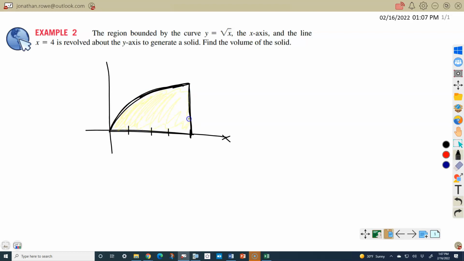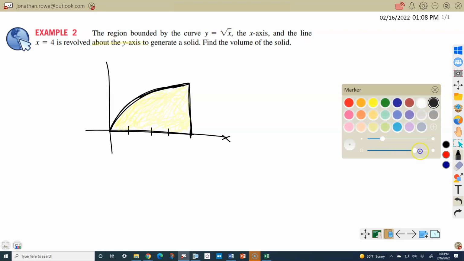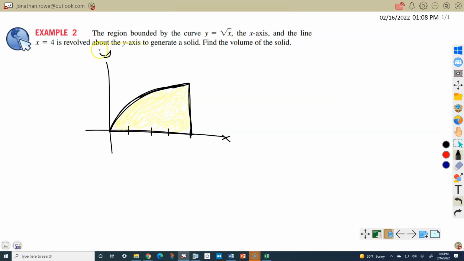So it is this region here, trying to make a pretty decent drawing here. And we're revolving it around the y-axis. This is the y-axis. It's revolving it around this axis.